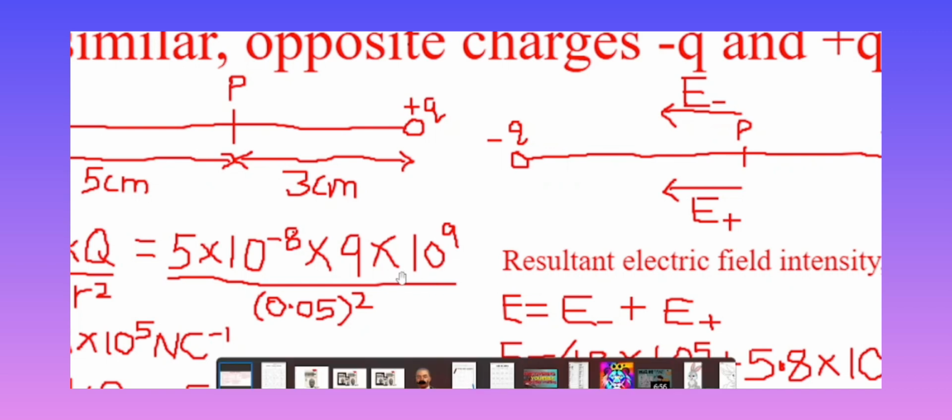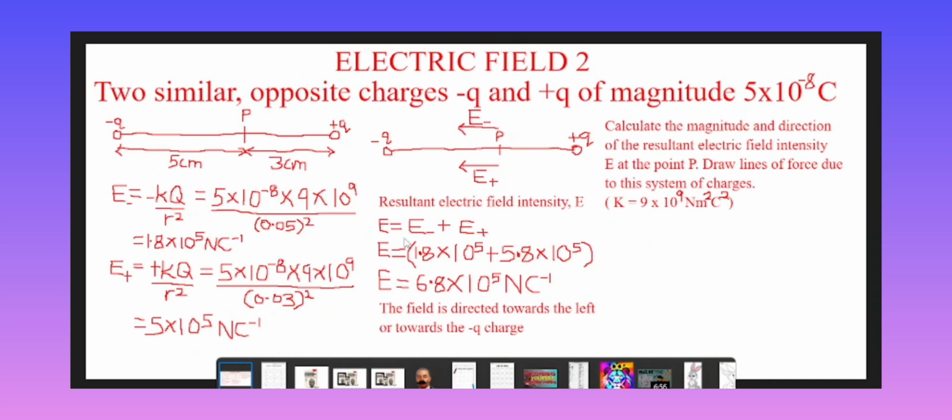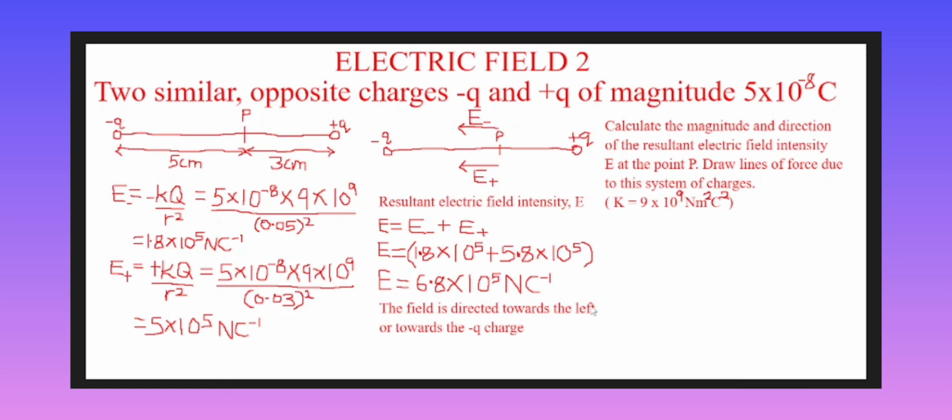In this diagram, the first thing we will do is to calculate our electric field intensity at point P due to the minus Q charge.